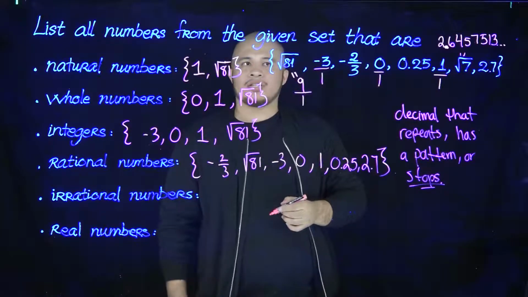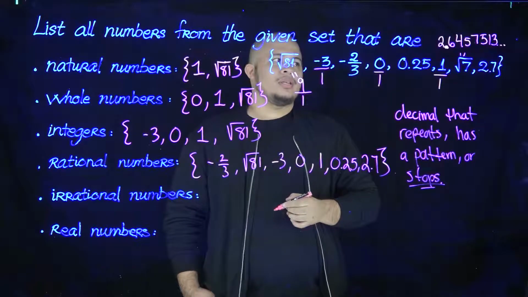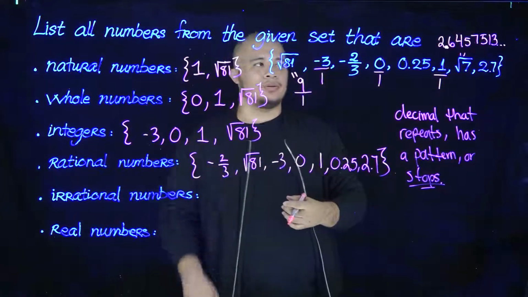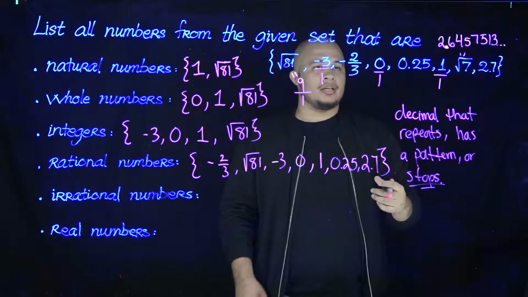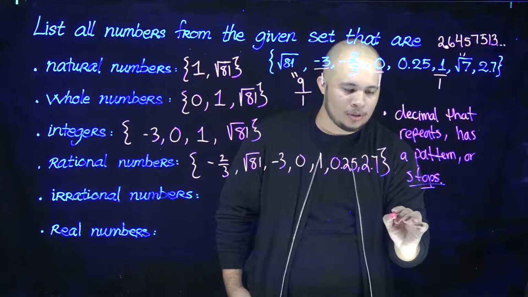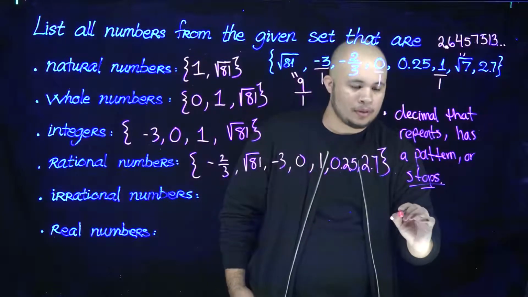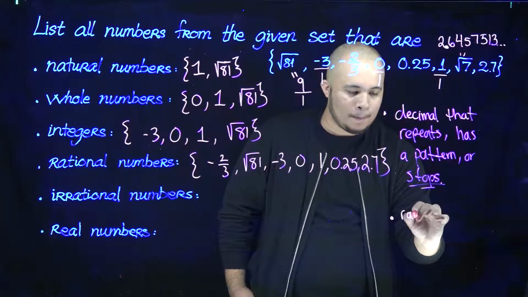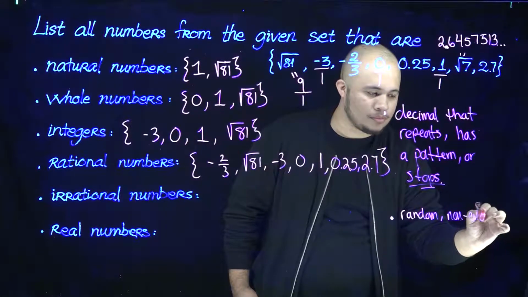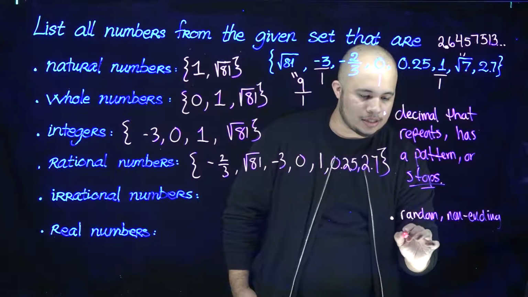So for the irrational numbers, they have the opposite effect of the rational. So whenever you're considering decimals, we're looking for the following: random, non-ending decimals.